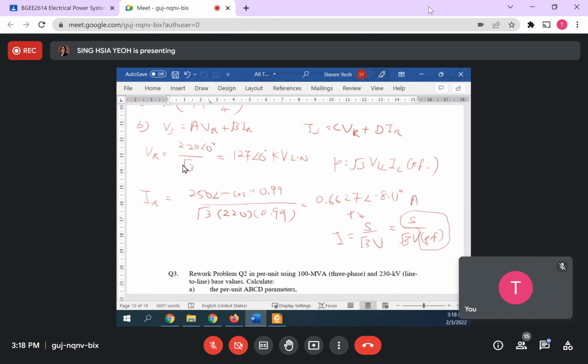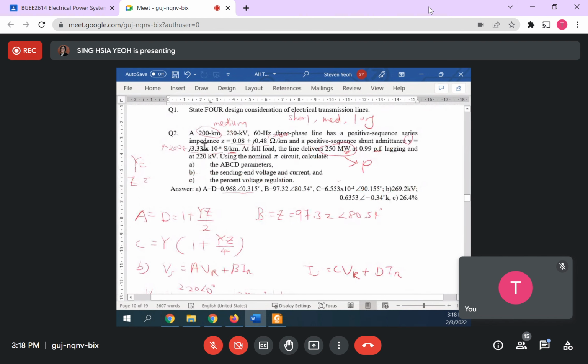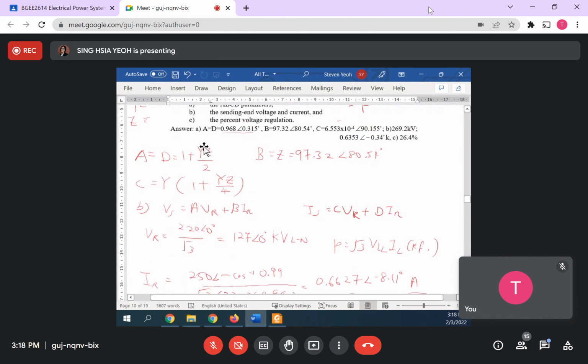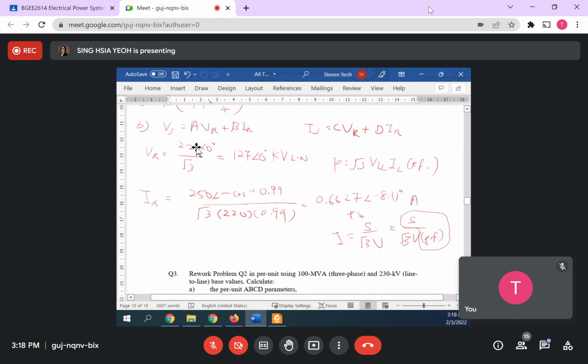And then S equals 3 V I conjugate is actually for three phase, then you use 3 V I conjugate. Single phase you will use V I conjugate. Yeah, I think so. Can you get what I mean?